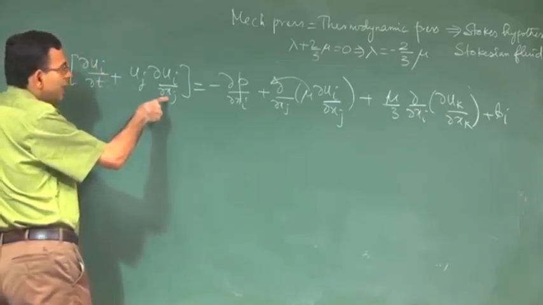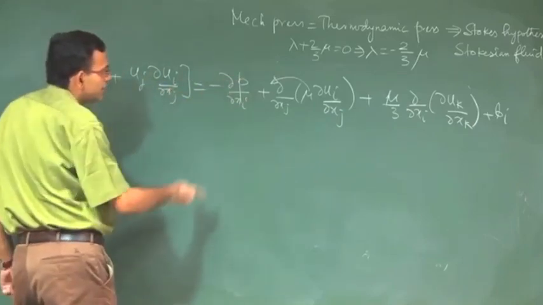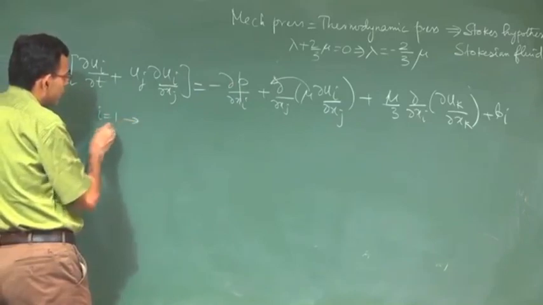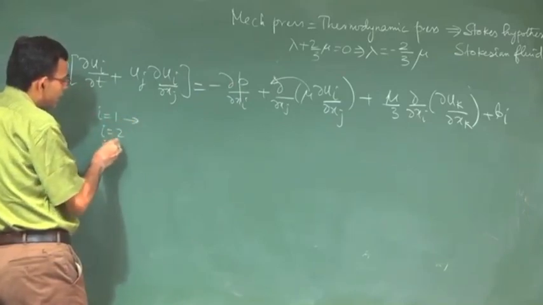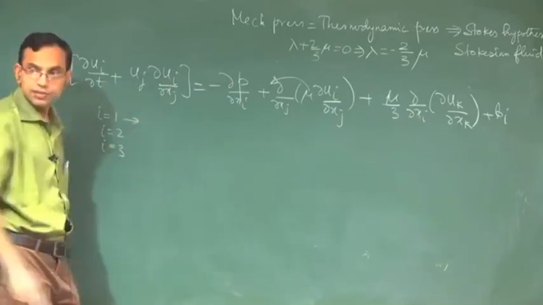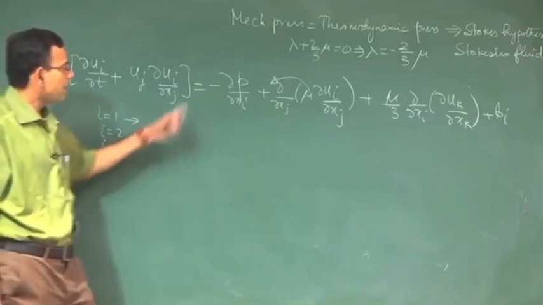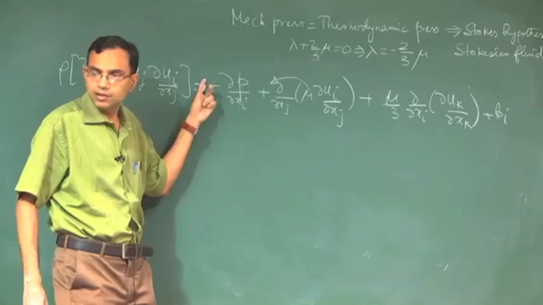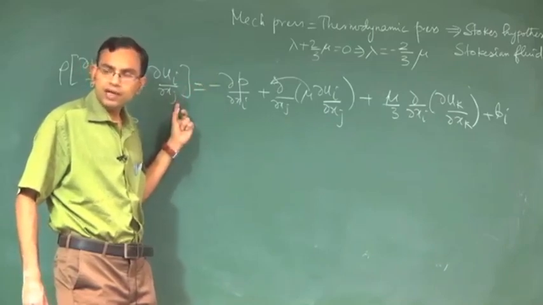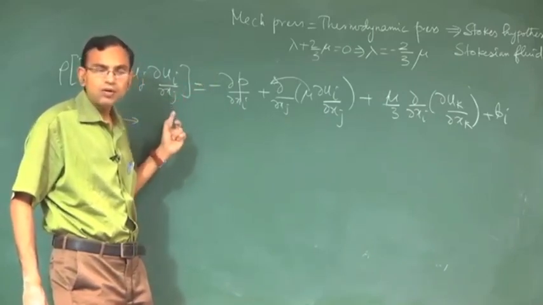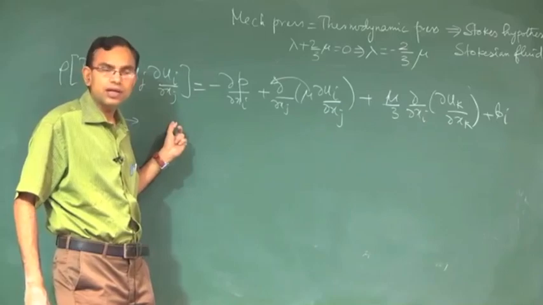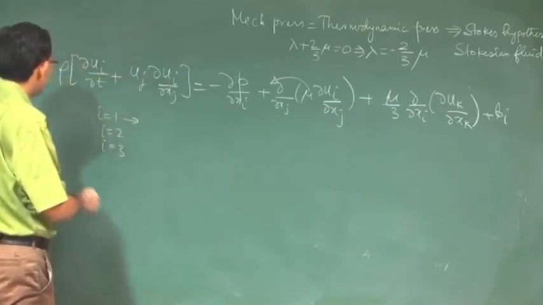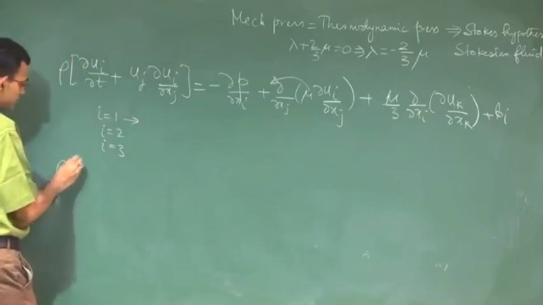You can write i equal to 1, i equal to 2 and i equal to 3, 3 such equations. Multiply the i equal to 1 with unit vector along x1, i equal to 2 with unit vector along x2 and i equal to 3 with unit vector along x3 and vectorially add that. So then what will it become?